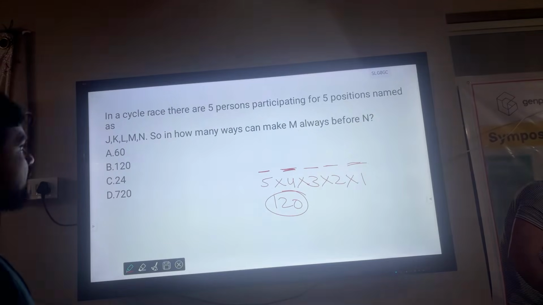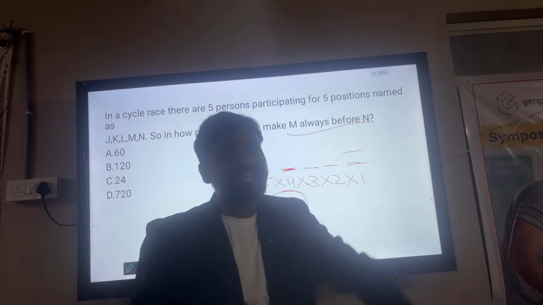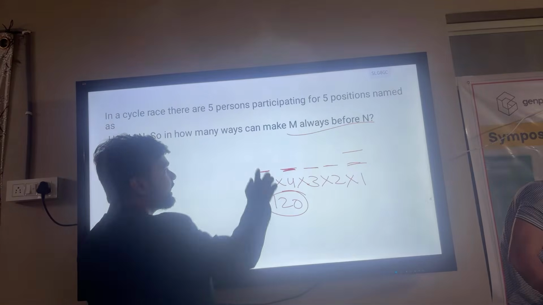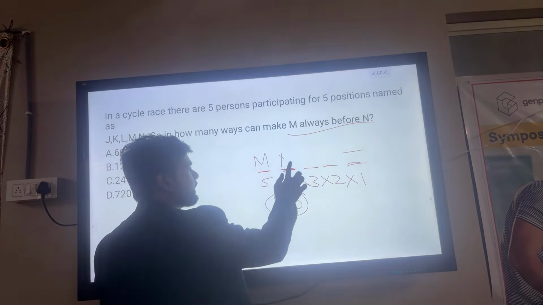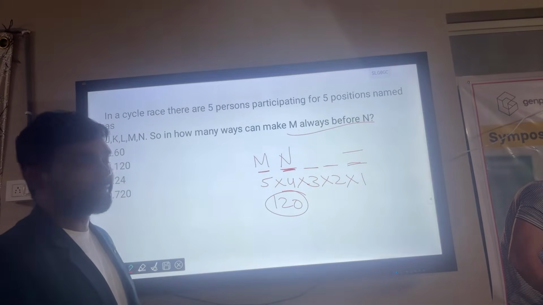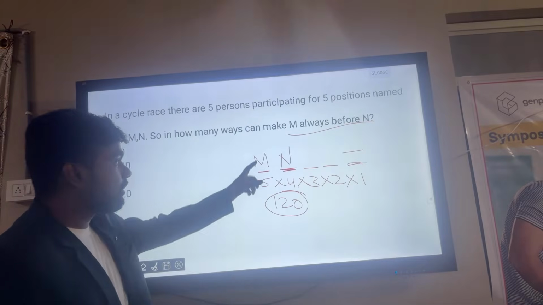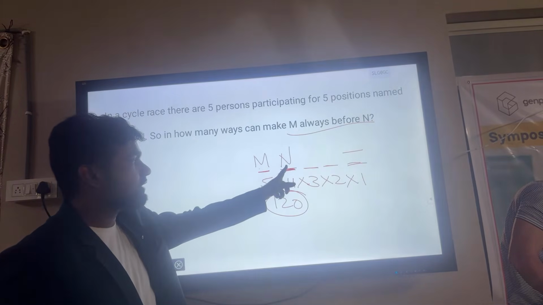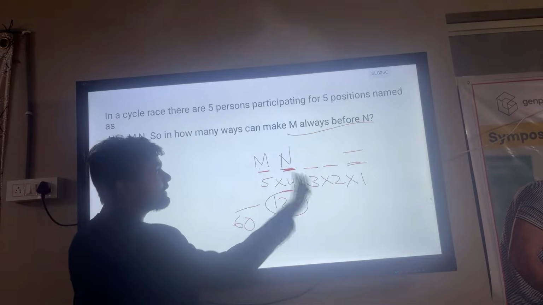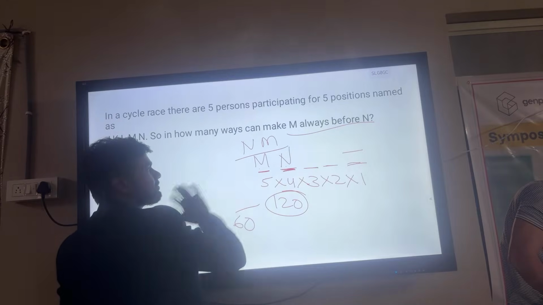What is the condition? In how many ways can we make M always before N? In this 120 ways, M should be there before N. So M and next N. In this way, they can be arranged 60 ways, and in the remaining 60 ways, first N, then after that M will come.